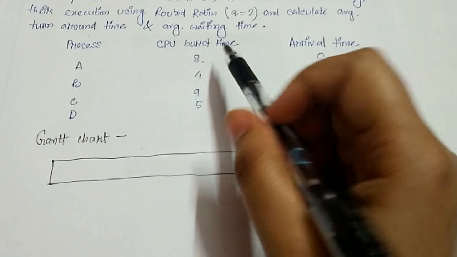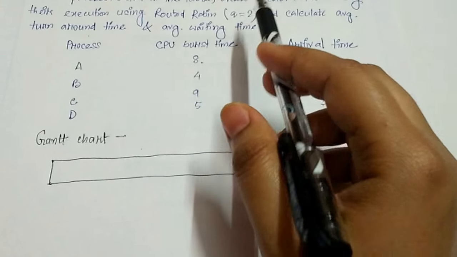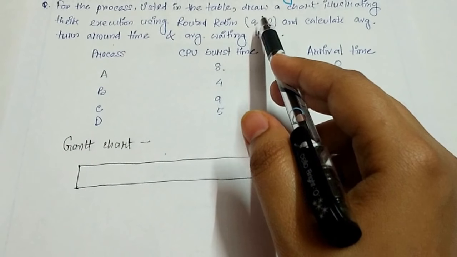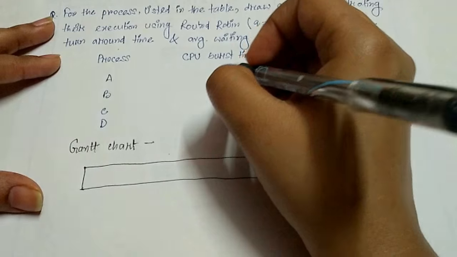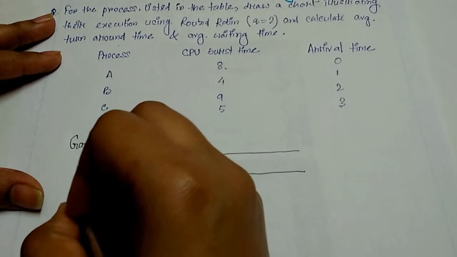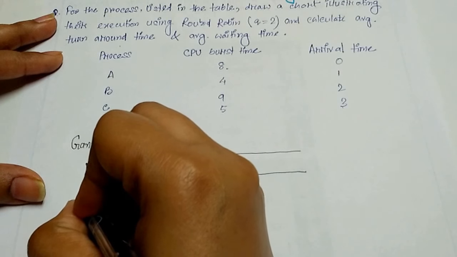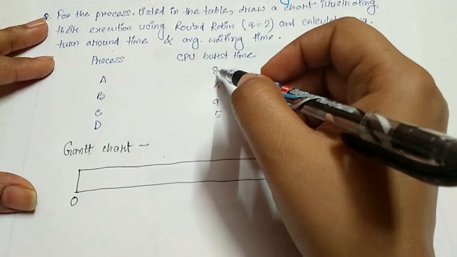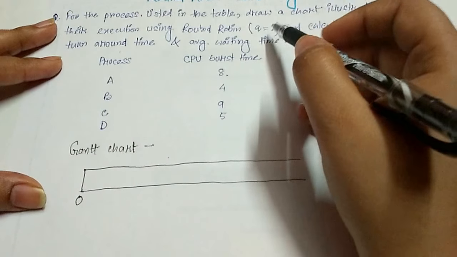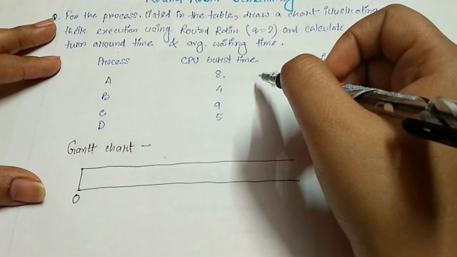We can't access the CPU beyond the time quantum of 2. So for A we take 0 as the initial time and the CPU burst time is 8, but Q equals 2.